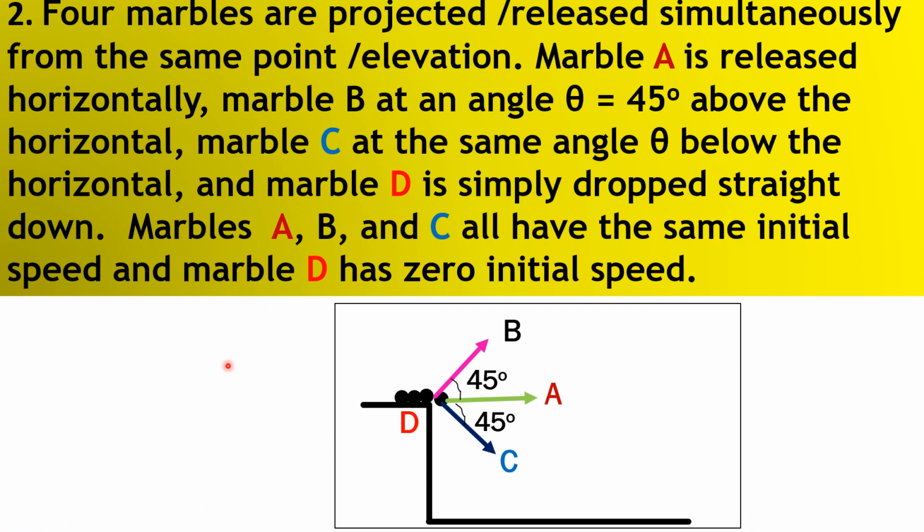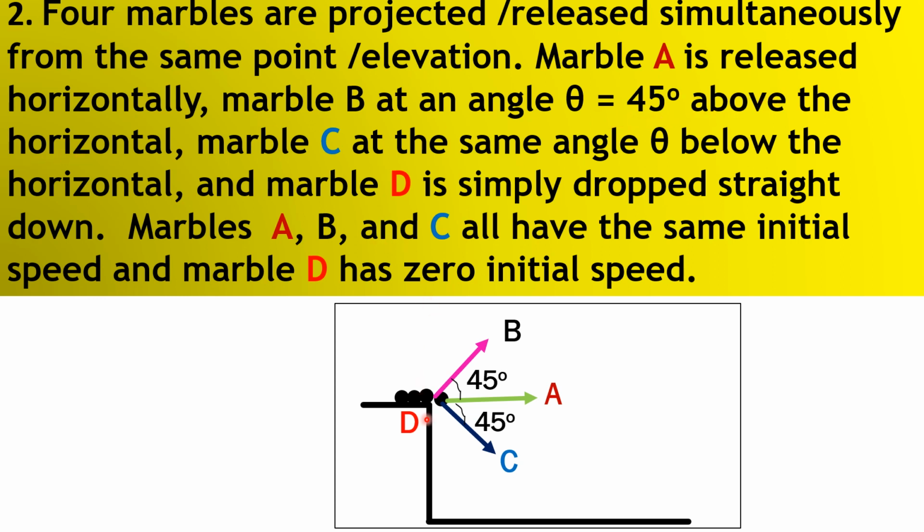Question number 2. Four marbles are projected or released simultaneously from the same elevation. You have here the diagram. Marble A is released horizontally. Marble B is released at an angle theta equals 45 degrees above the horizontal.